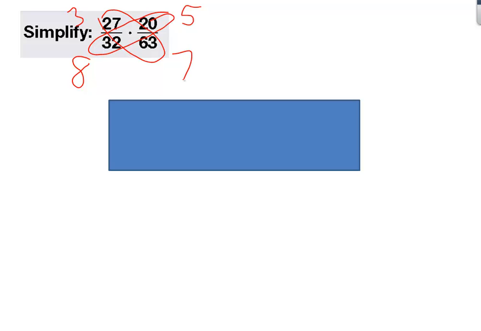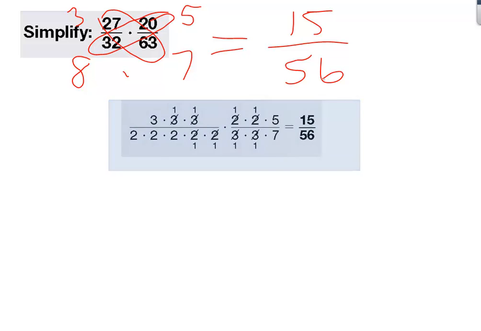Now, can we pair anything else up? Does 5 and 8 reduce, or 3 and 8 reduce, or 3 and 7? Nothing else reduces. So now we're just going to multiply across, and we get 15, and 8 times 7 is 56. 15 over 56, and that is our reduced fraction for those two when we multiply those together.